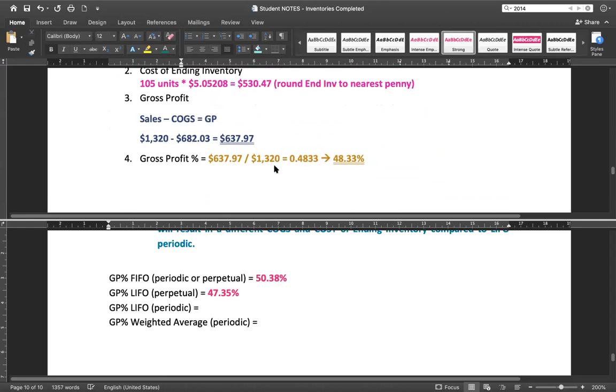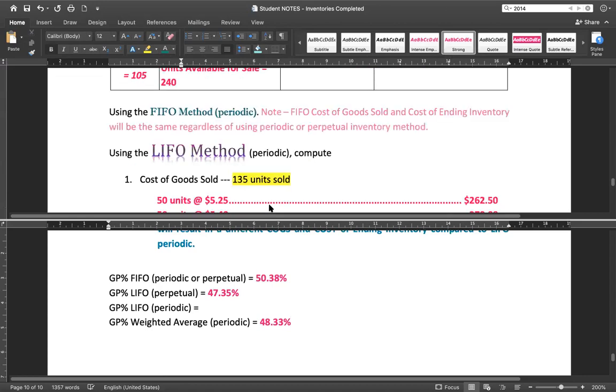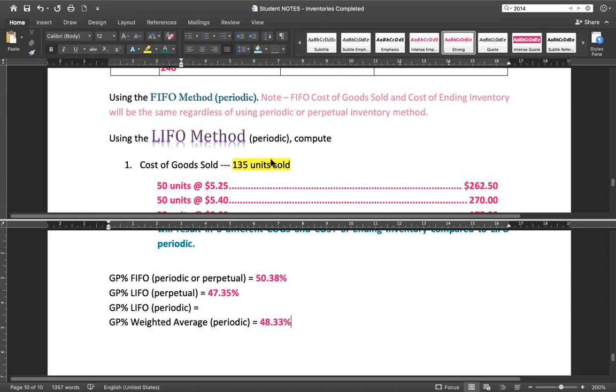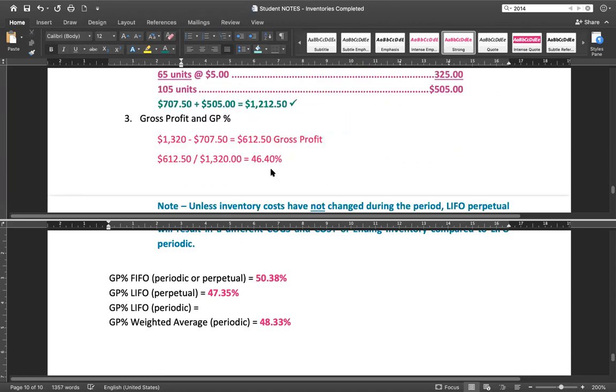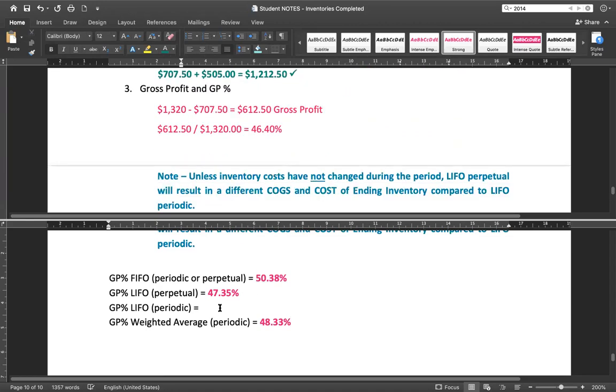Now the next method that we did was the weighted average periodic. And for the weighted average periodic, the gross profit percent was 48.33%. And the LIFO periodic method, the gross profit percent was 46.40%.